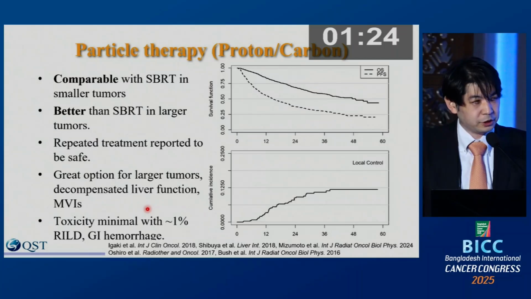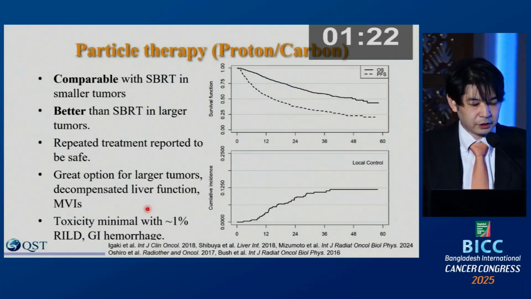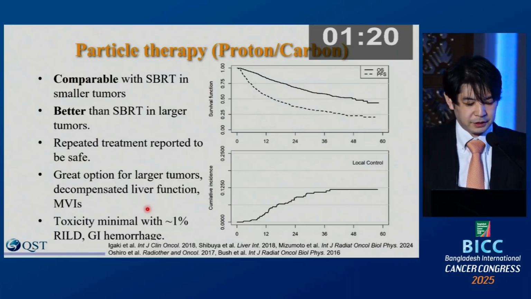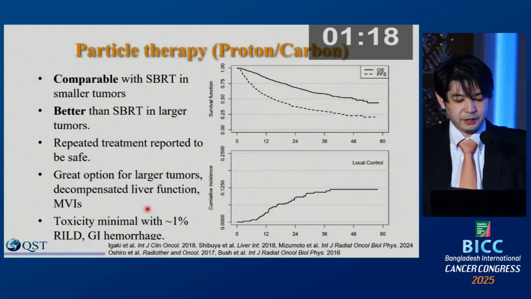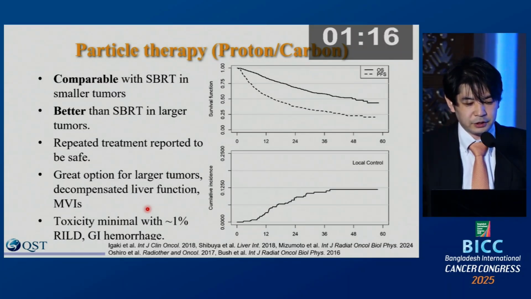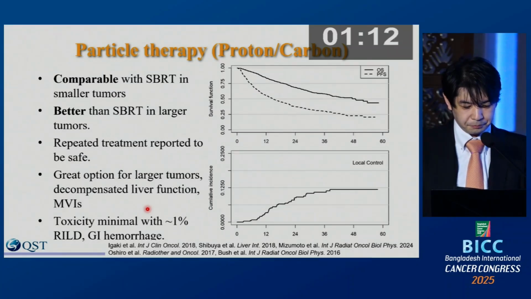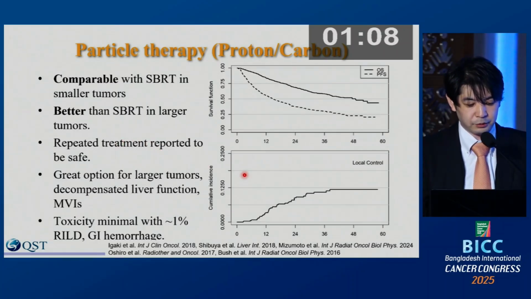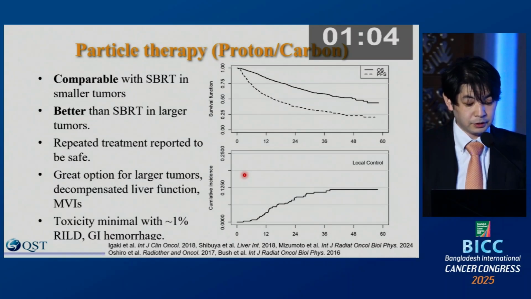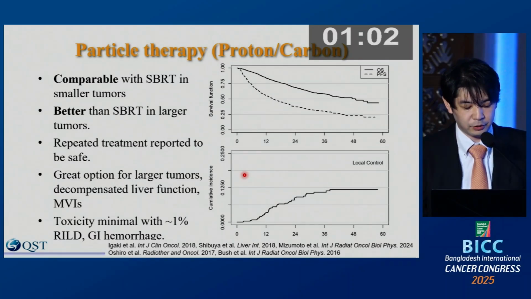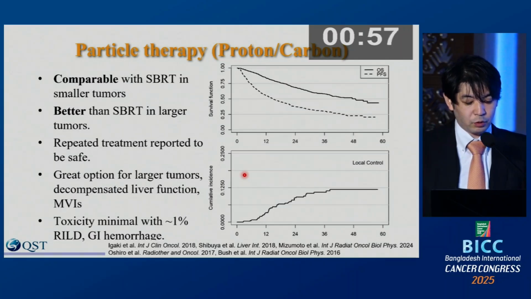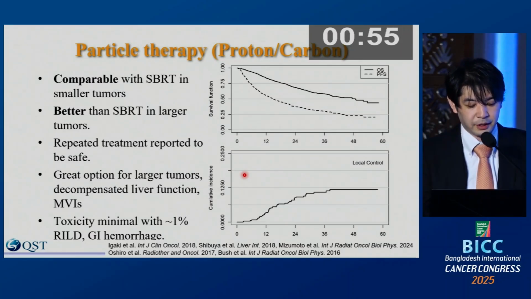I'm really sorry I cannot show you the actual figures because it has not been accepted yet. But it should be available within the next few months. Also, repeated treatment has been reported to be safe and a great option for larger tumors, decompensated liver function, and tumors with MDIs. The toxicity is minimal, with up to 1% RILD and GI hemorrhage.